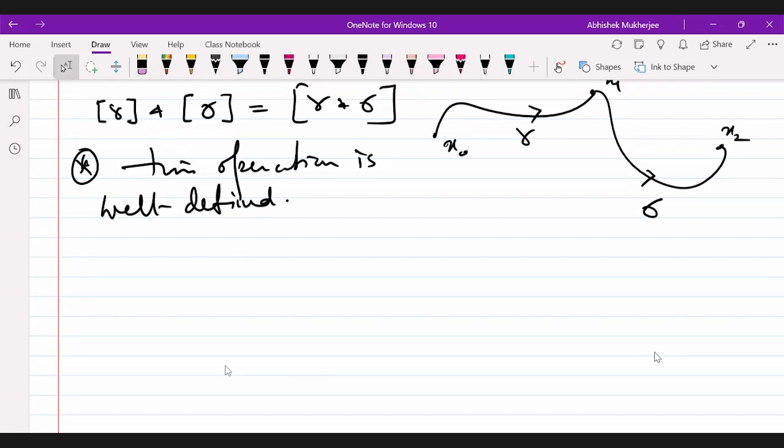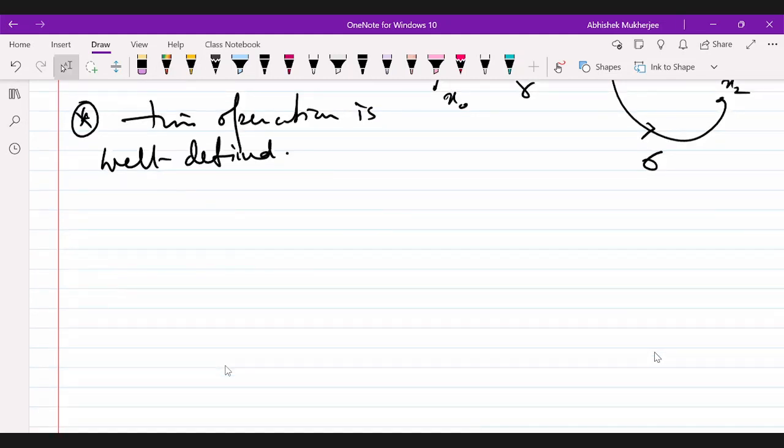Now, whenever you are defining some binary operation on a non-empty set, you are always tempted to check whether it will form some group or some algebraic structure. So here, interestingly, this happens to be true, but for some special kind of paths which are called loops.